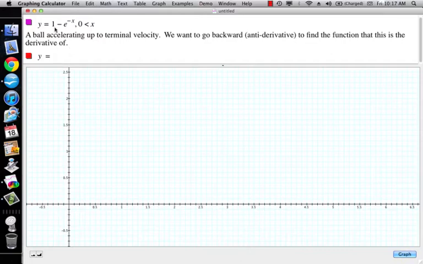So we have to say, what gives you a derivative of 1? Well, x gives me a derivative of 1. This is a little bit harder. What gives me a derivative of -e to the -x?